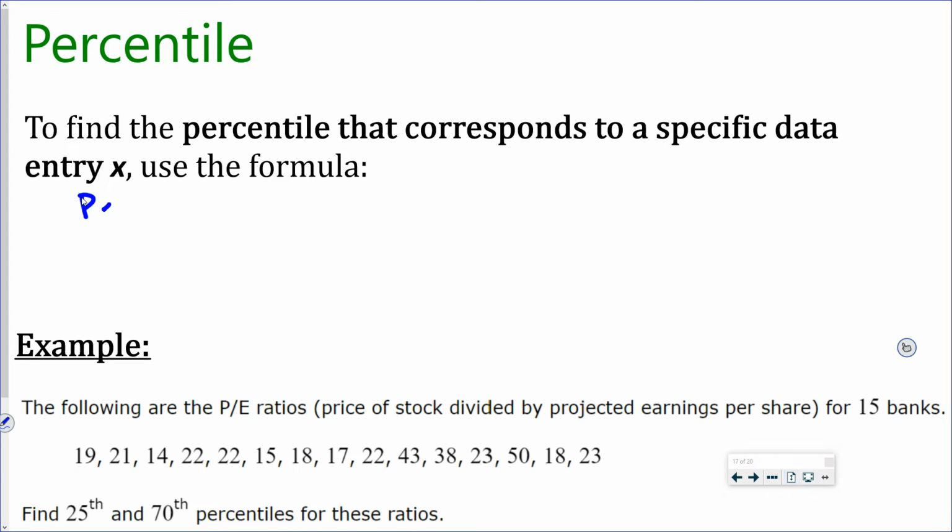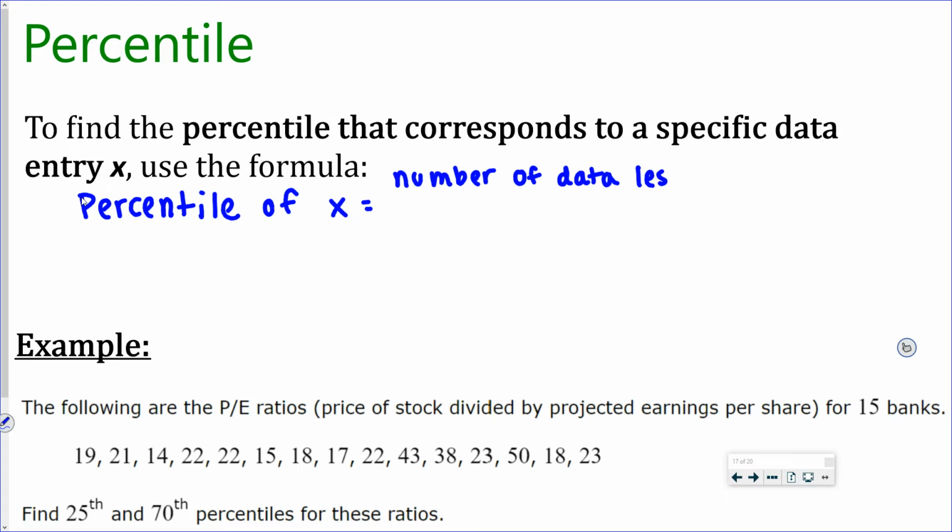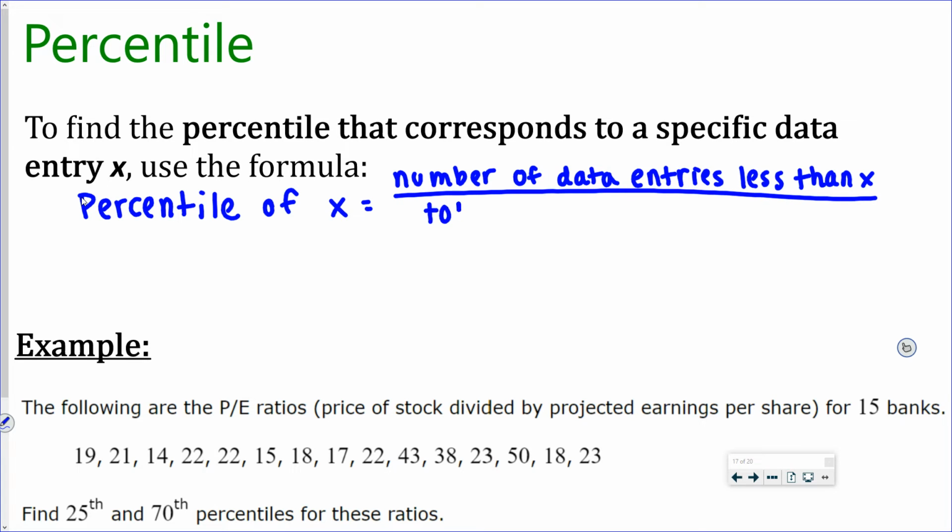If you're asked to find the percentile of a specific data entry, I'm going to call it X, which I have bolded up there, you just take the number of data entries that are less than that value, divided by the total number of data entries.